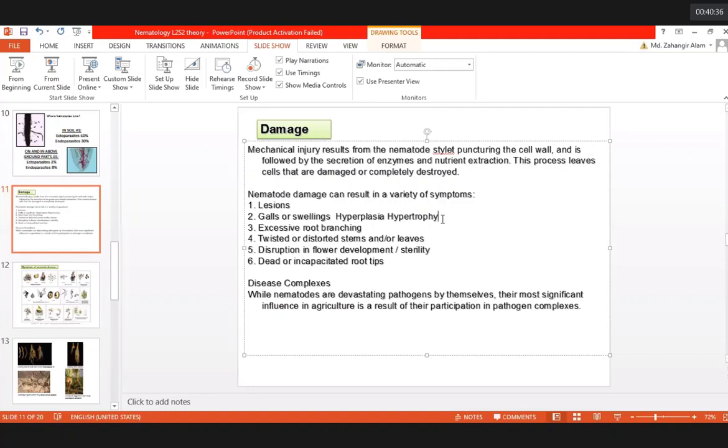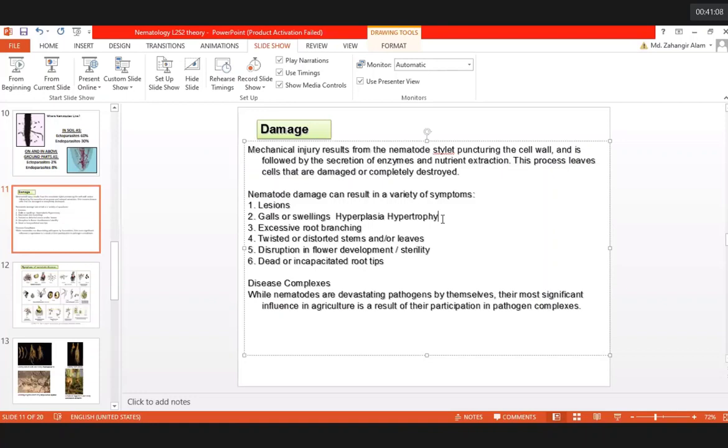That is 400 times enlargement. Each cell becomes enlarged. Maybe 400 times enlarged. Okay, hypertrophy means abnormal enlargement of an individual cell.